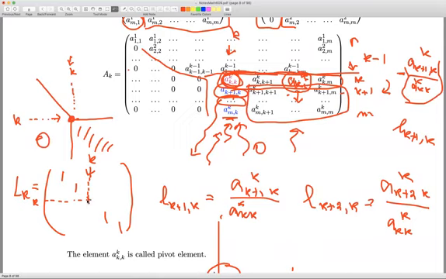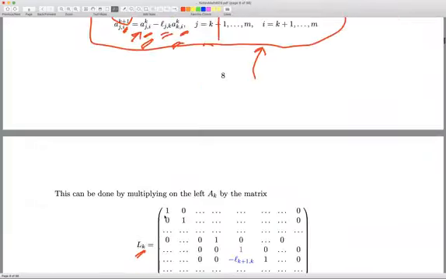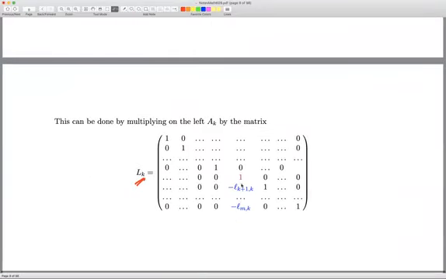Then we have row k plus 1 after the row k, and so on, up to row m. What do we put on row k plus 1? We put the element L_k+1,k. Then on row k plus 2 and column k, we put L_k+2,k and so on. And this is exactly what is written here with a negative sign.